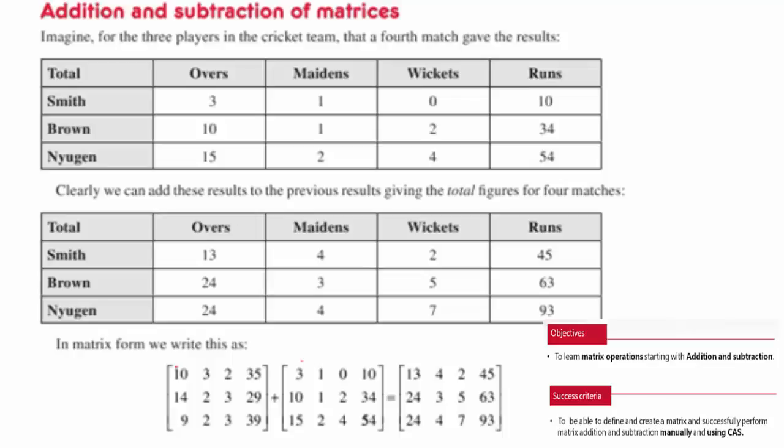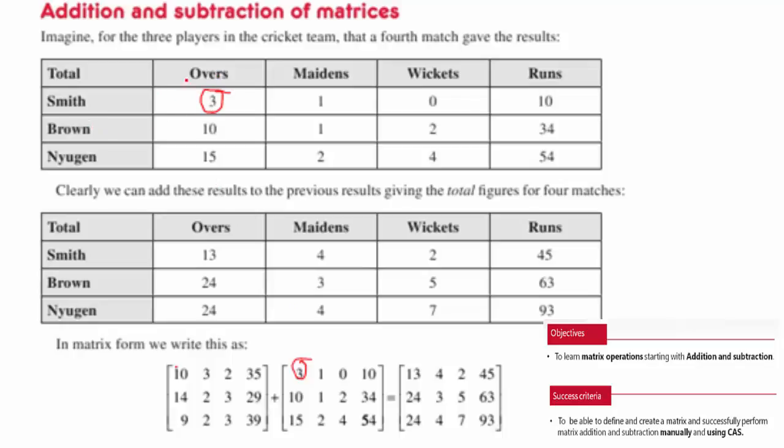So addition of matrices and subtracting matrices for that matter is something, once you realize that this is the same as adding tables together. So in the same position, don't forget to refer to the same thing. So like in the position here, the A11 position refers to the number of overs done by Smith.